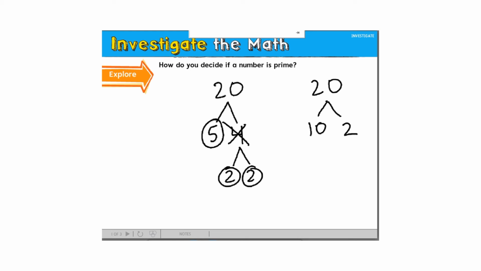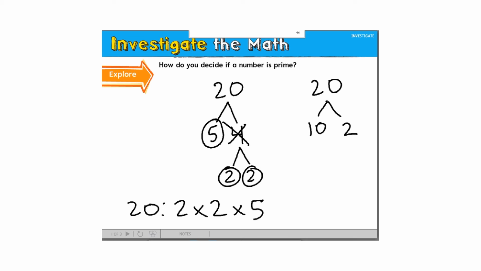That was a composite number that helped us get to the prime answer, but it's not going to be part of our answer. So far I have prime factorization of 20 is 2 times 2 times 5. That's what I got on my first example. So if I went through multiplying it, I would get 2 times 2 is 4. 4 times 5 is 20.